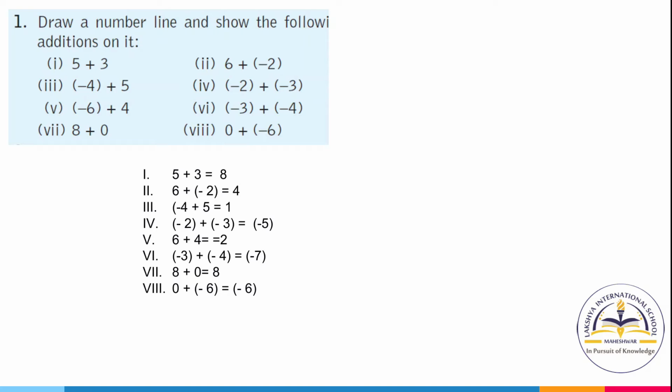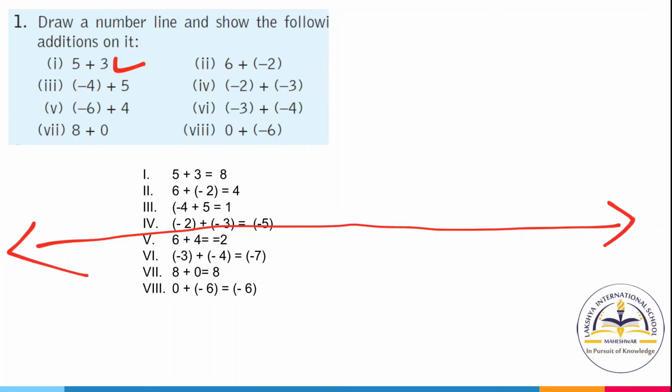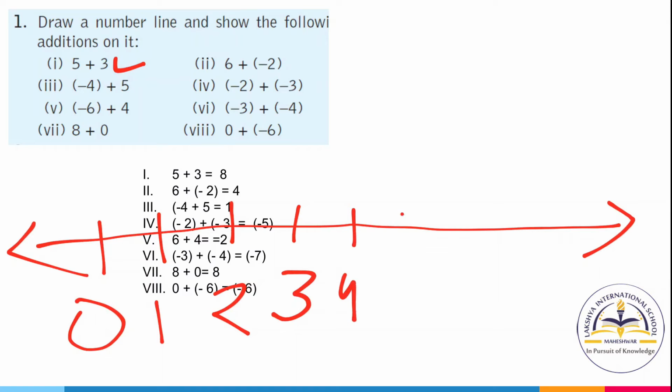Question number 1, draw a number line and show the following addition on it. Okay, so here 5 plus 3 is 8. Now you have to make the number line. Here you have to mention 0, 1, 2, 3, 4, 5, 6, 7, 8.